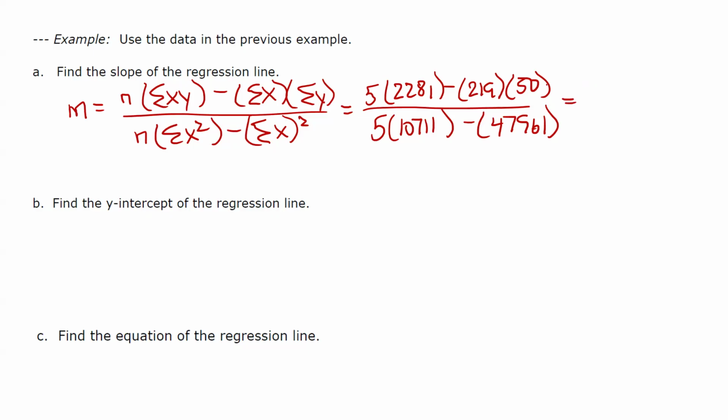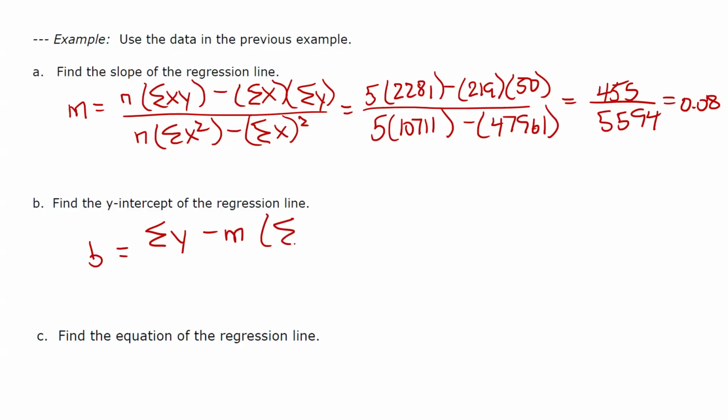Okay. You can enter in the whole numerator and the whole denominator into your calculator. You should get 555 in the numerator and 5,594 in the denominator, which gives you approximately 0.08. So B is our y-intercept, and that is the sum of y minus m times the sum of x, divided by n.